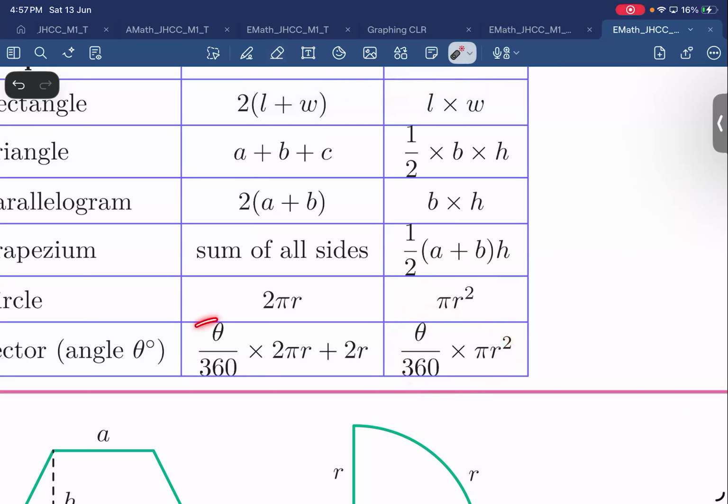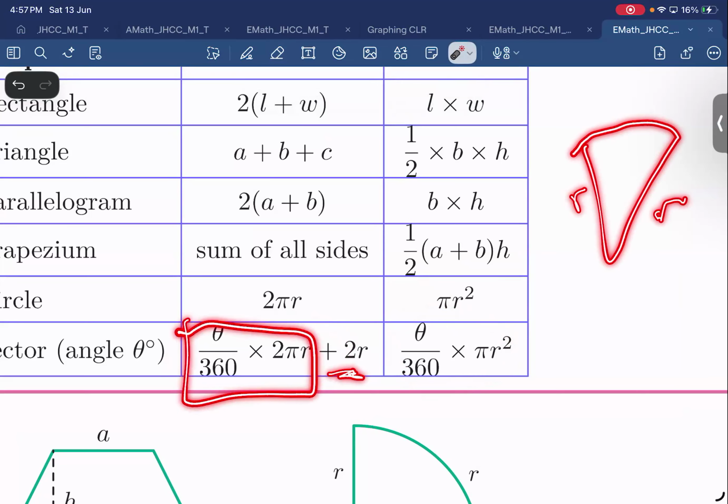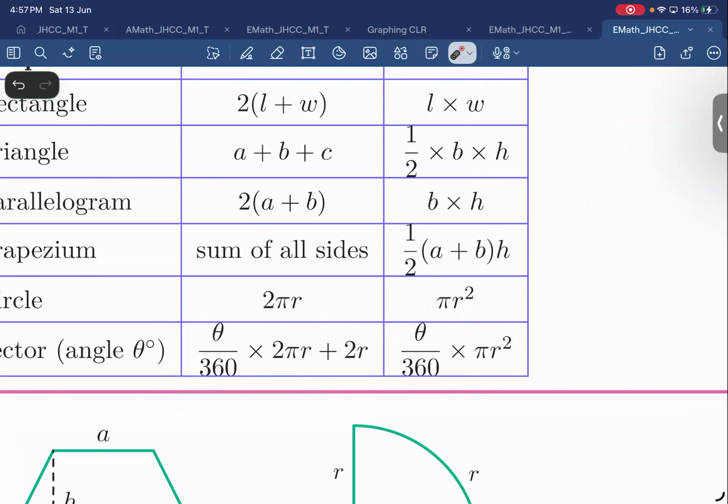And then what about this? Theta over 360 times 2 pi r plus 2r. You have this sector, and of course these two sides are the radius, so that's how the 2r appears. Then the other part is basically the same thing. 2 pi r is the whole circle's circumference, and I only want a fraction of it.